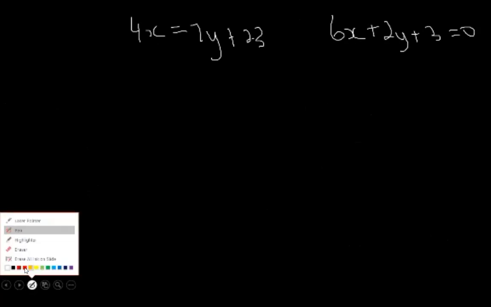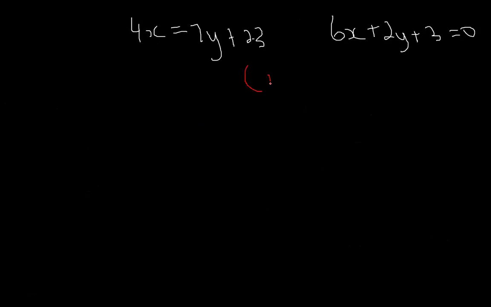Find the point of intersection. Is this a point? Point means coordinate. So my answer would be in the form x, comma, y. Message me your answers when you finish.